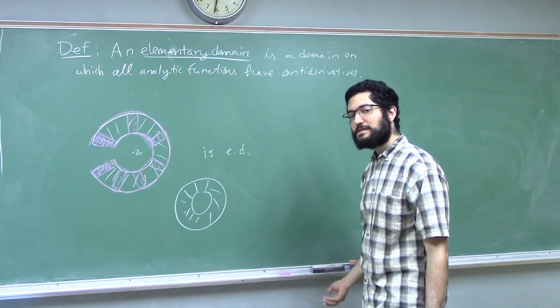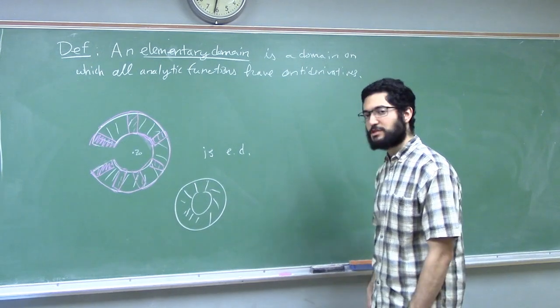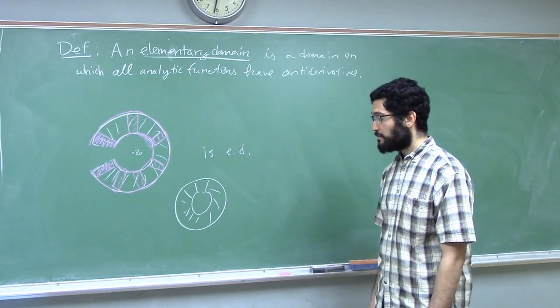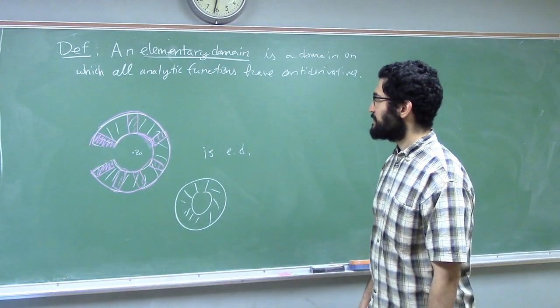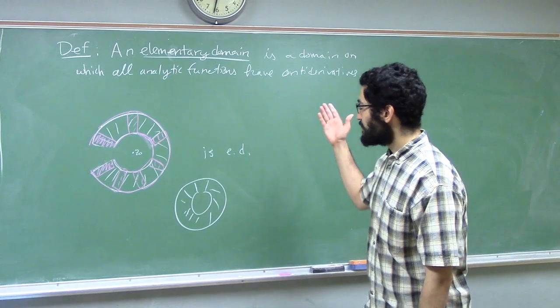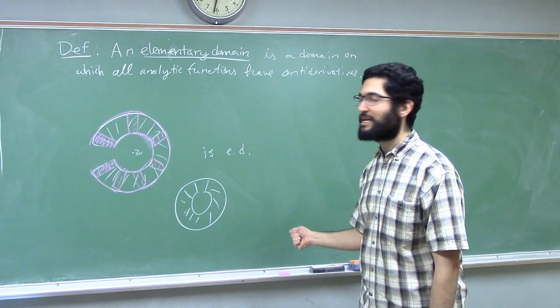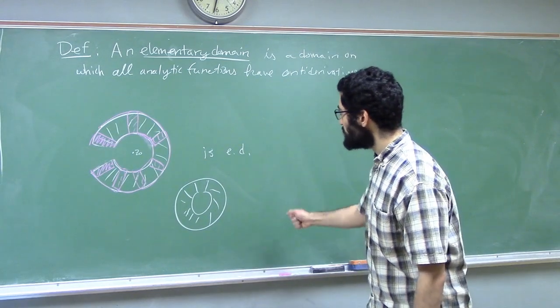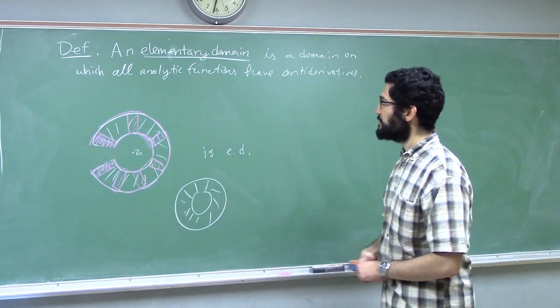To actually define simply connected requires some topology machinery that we just have not developed. But if you make that definition, then do some work, then you can prove that a subset of the plane is an elementary domain if and only if it's simply connected. Meaning the simply connected sets are the sets on which analytic functions have antiderivatives.